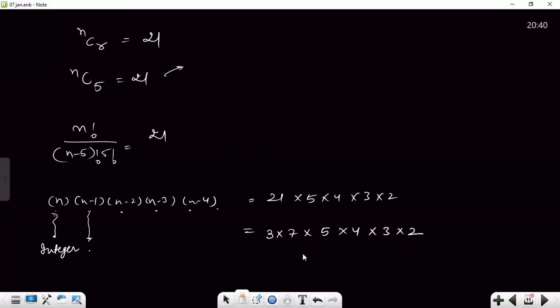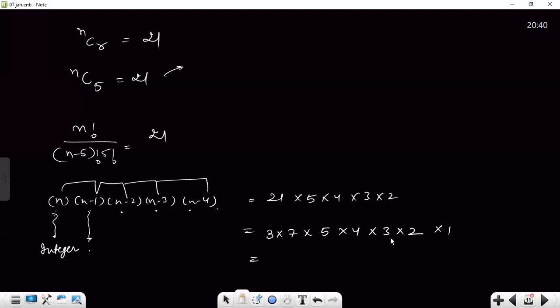Now we'll have to make some consecutive numbers, and how many? 1, 2, 3, 4, 5. Five consecutive numbers should be there. Let's write 1 also for our convenience of understanding. 7 is a prime number, and 7 cannot be broken down any further.